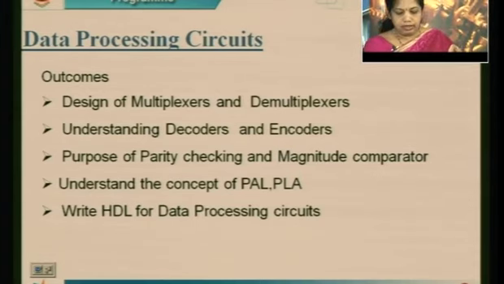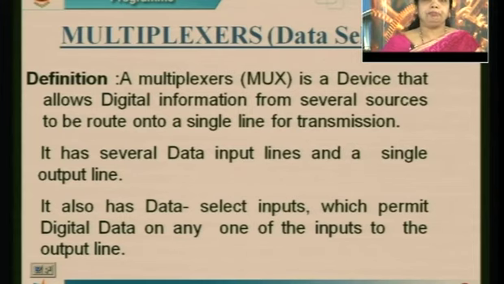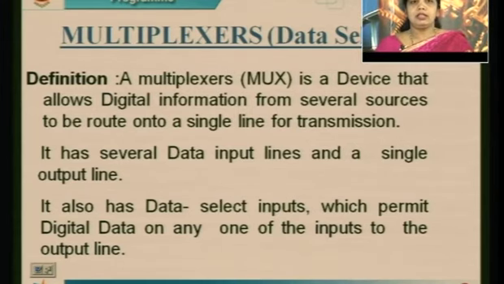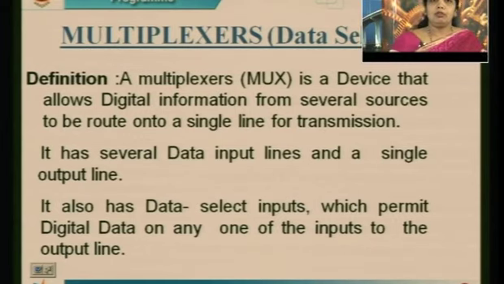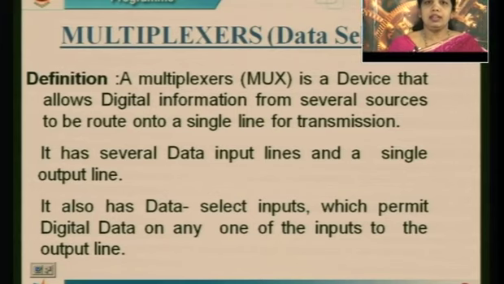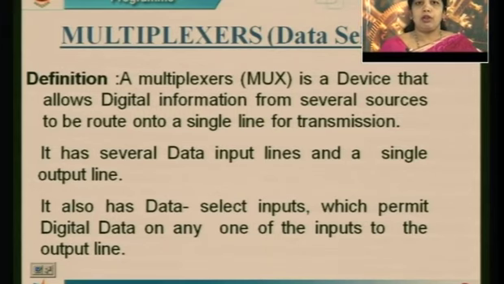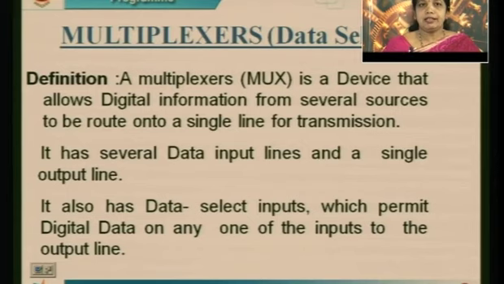So let me start with the multiplexer. A multiplexer is once again a combinational circuit, a device that allows digital information from many sources to be routed onto a single line for transmission. It is also called a MUX, which carries many pieces of information, and out of these one output will be redirected.